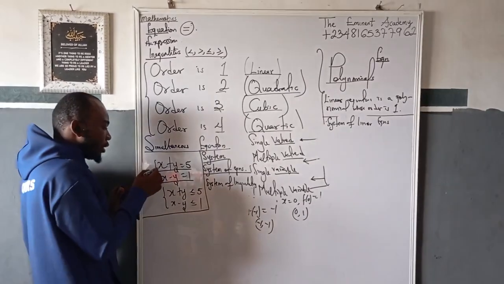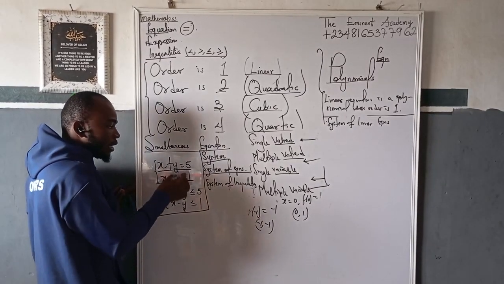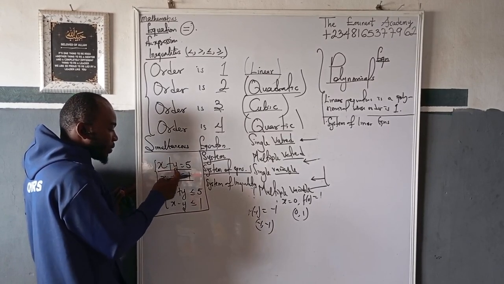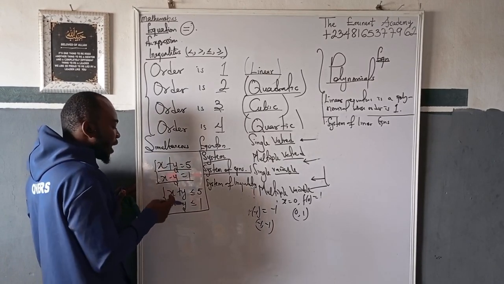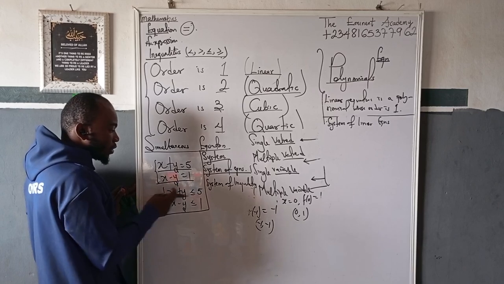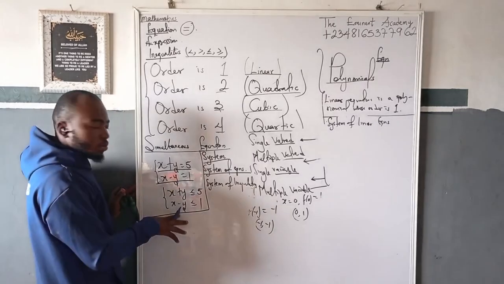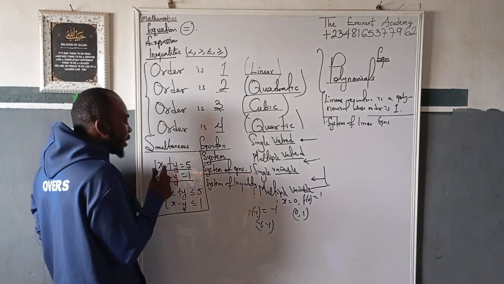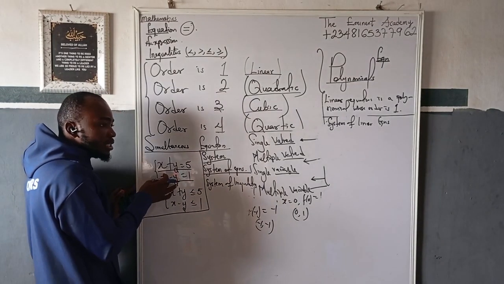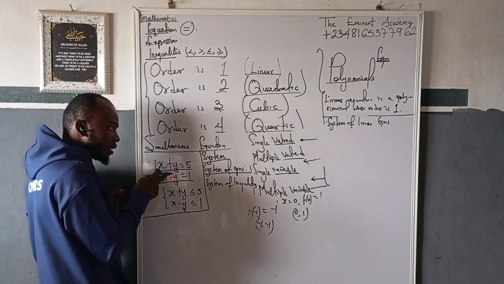On what condition? If the two equations are both linear, there is no variable whose power is more than 1. Likewise, we can call the inequalities a system of linear inequalities.